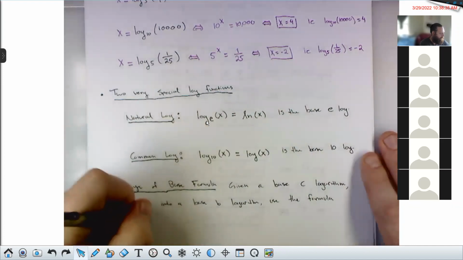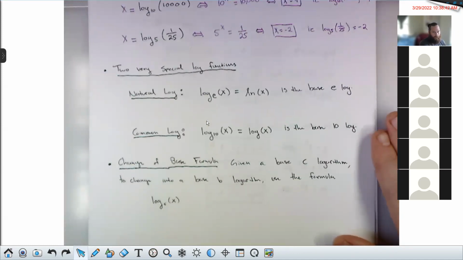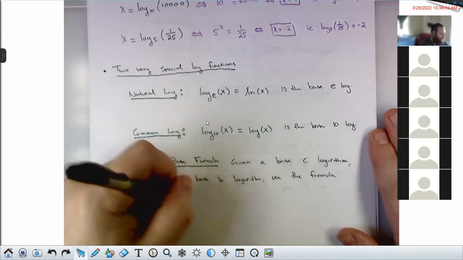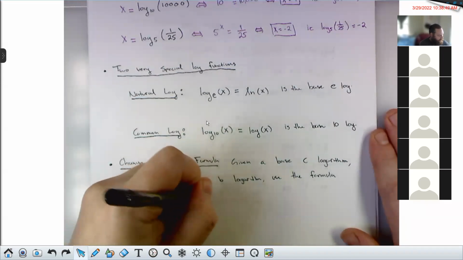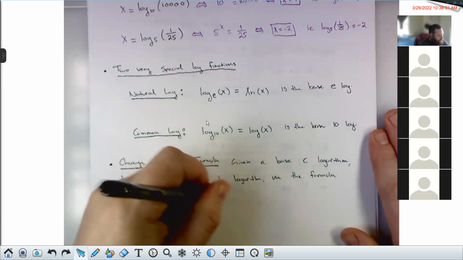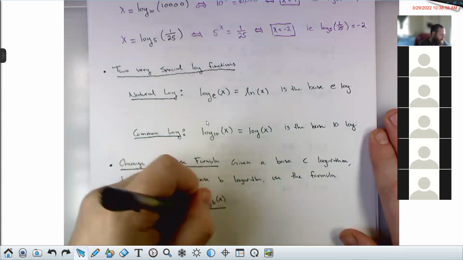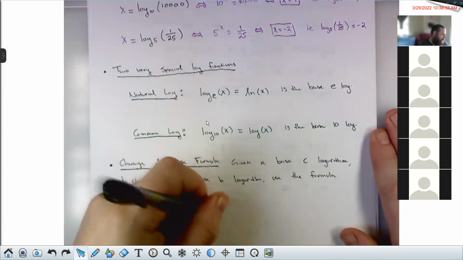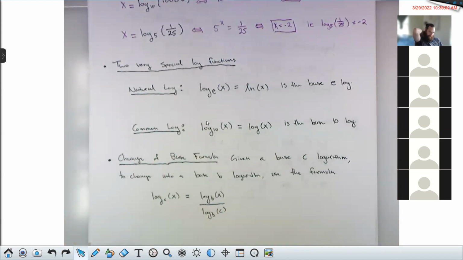Use the formula that the logarithm with the base C of X, so C is like a bad base, for whatever reason, I don't want to use it. I want to use the base B log instead. This is going to be the base B log of X, where B is the base we want to use, divided by the base B log of the old base. So there's kind of 2 degrees of freedom here.